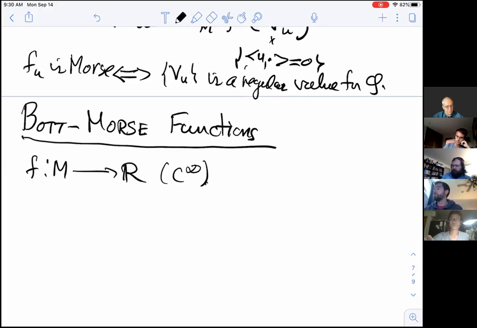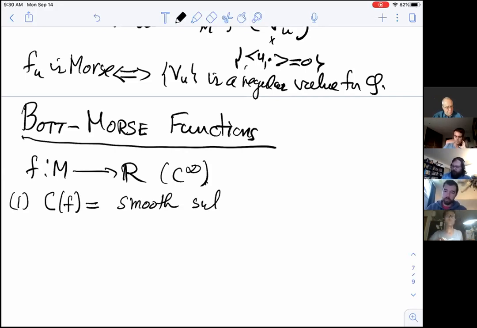And the function is Bott Morse if it satisfies the following properties. First of all, the critical set of F is a smooth submanifold inside M. Now, this has to be taken in the general context. The smooth submanifold can have different components, and those components are allowed to be of different dimension. Okay, but that's what I mean by a smooth submanifold.